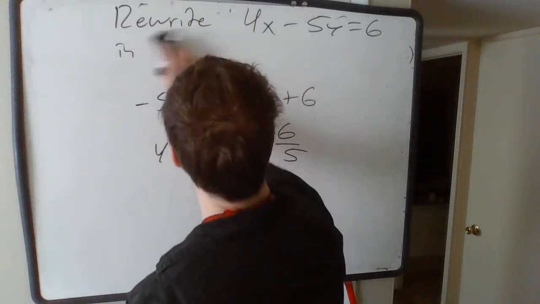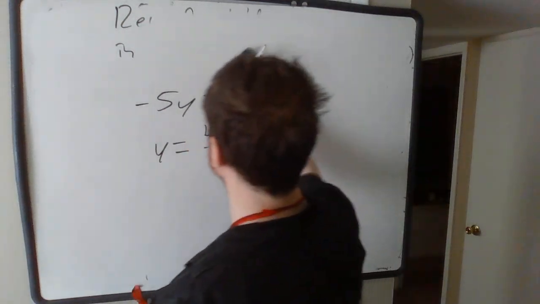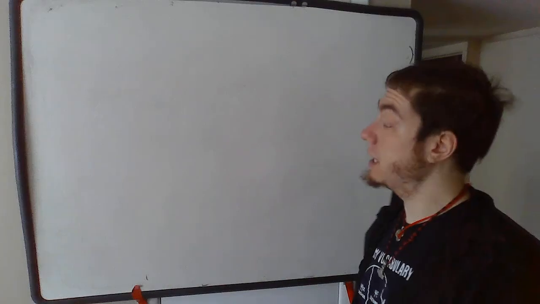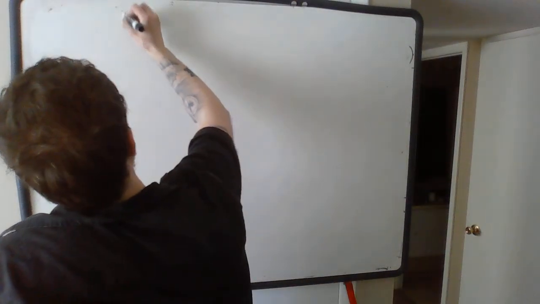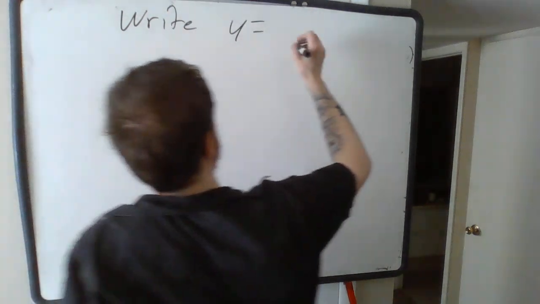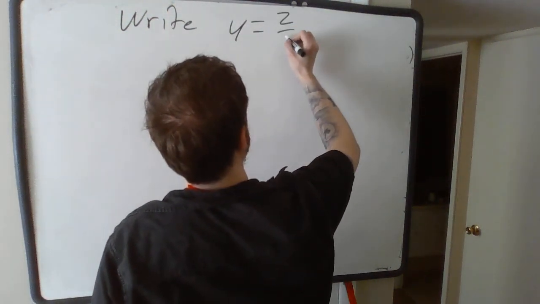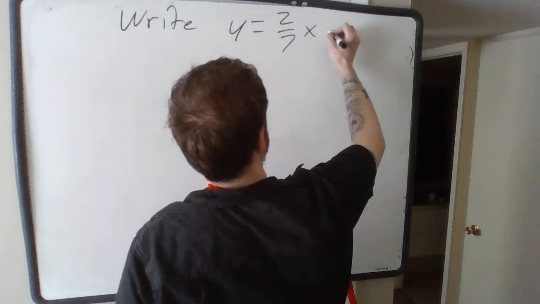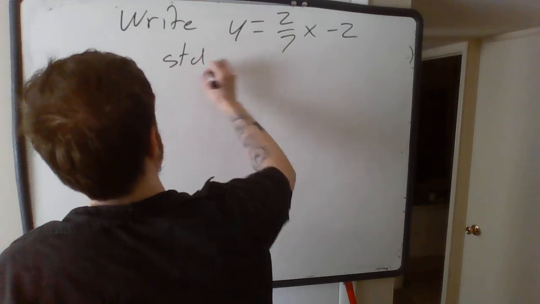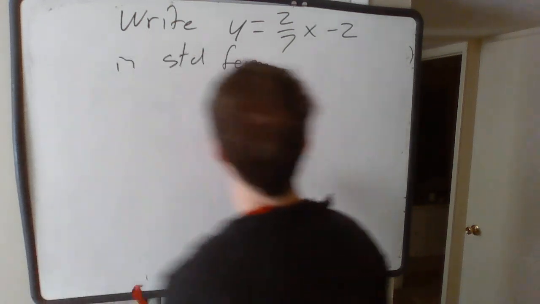Now, what if I gave you something that were in slope-intercept form, and I asked you to go ahead and rewrite it in standard form? So what if I wanted to write y equals 2 over 7 x minus 2 in standard form?